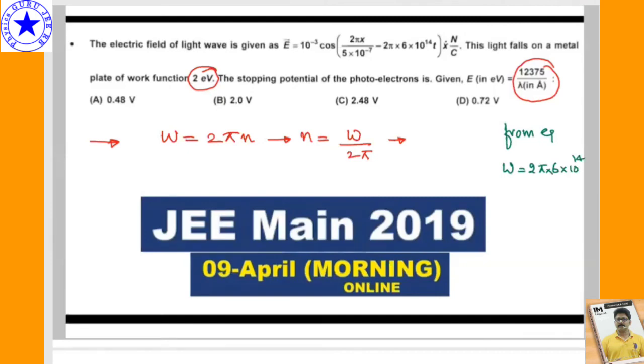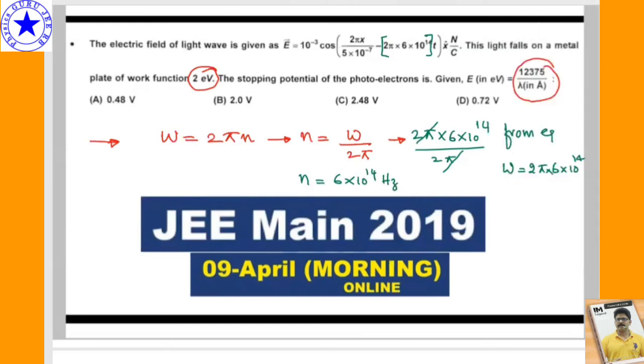This complete part is nothing but omega into t. So I substitute omega here, 2 pi into 6 into 10 to the power of 14 divided by 2 pi. The 2 pi gets cancelled. Now the frequency I am getting is 6 into 10 to the power of 14 hertz.